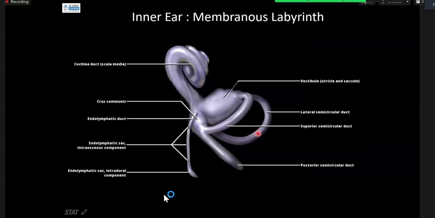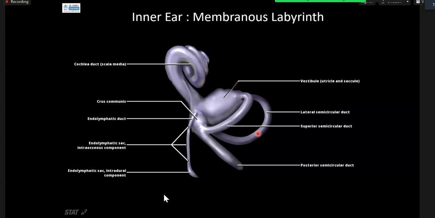This is the internal ear. Luckily, it is beyond FRCR, so I am not going to teach you in great detail. An FRCR exam is what we call a general radiology exam, and they don't expect subspecialty type of things, congenital abnormalities and everything.